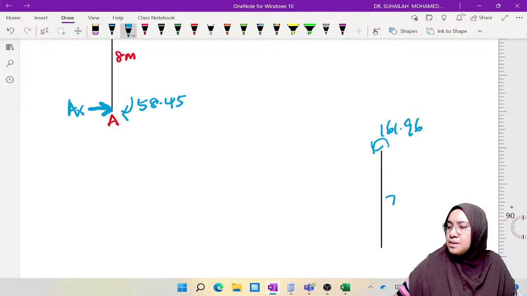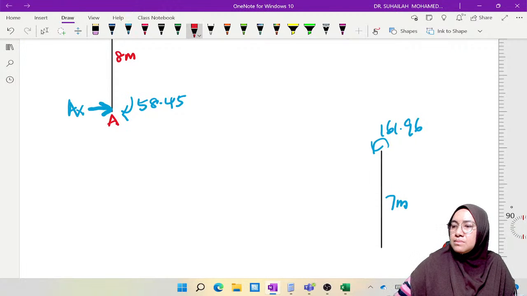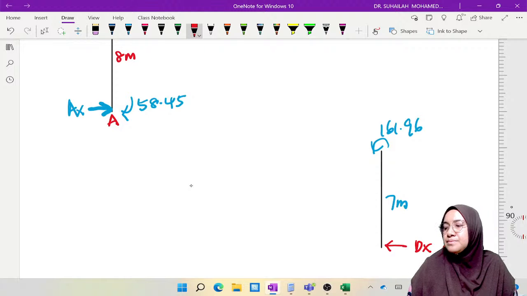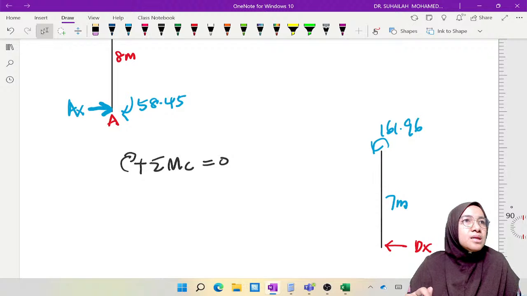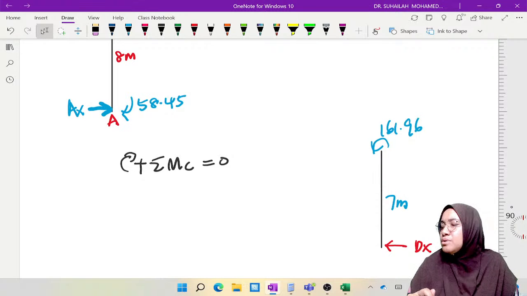This is 7 meter. So DX, belah sini, this is DX. So taking moment at C is equal to 0.